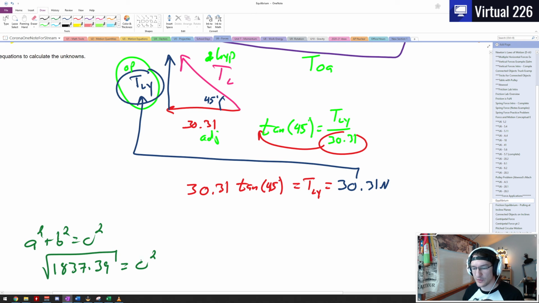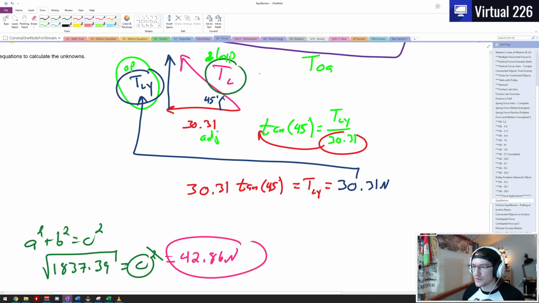Then we just take the square root of each side. That'll give us C, which is this hypotenuse here. So let's take the square root of that. And we find that our value for the hypotenuse, or the actual tension in this rope, is 42.86 newtons.